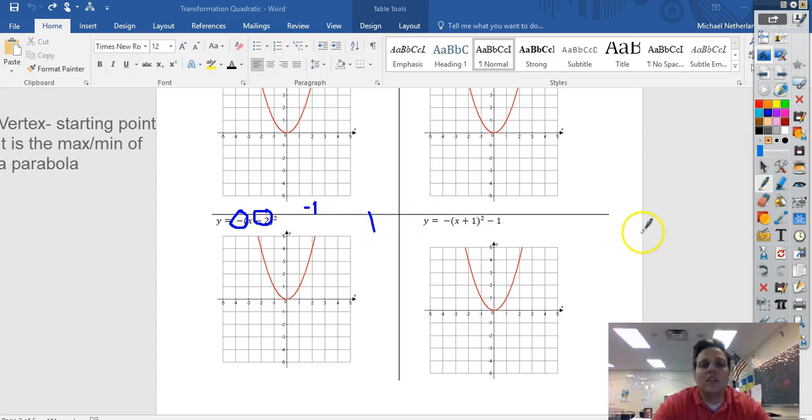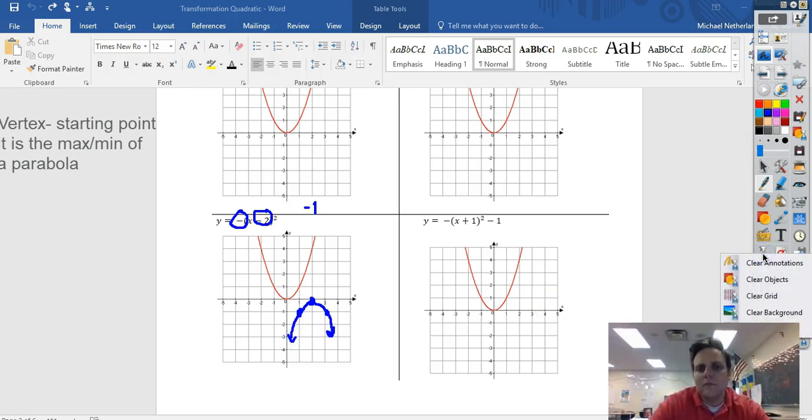Well, 1 means there's no vertical stretch or vertical compression. So then the negative sign, because from right here, tells me that it reflects. But I'm also going to the right 2. So I go right 2. My a value is basically a -1, so it means down 1 over 1, down 1 over 1. And it should look something like this. And there you go.